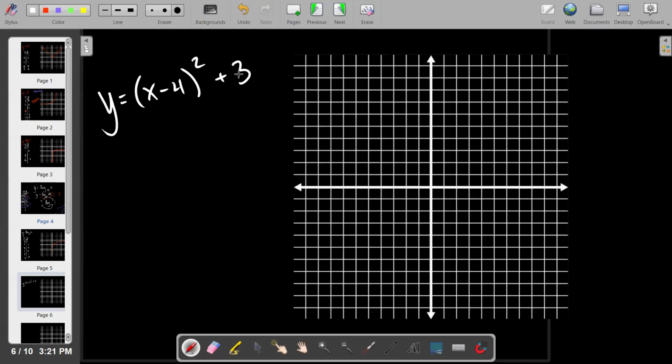Does anyone remember from our past together what the -4 does to the graph? It makes it go to the right. It makes this graph go to the right 4. You remember what the +3 does? It goes up 3.